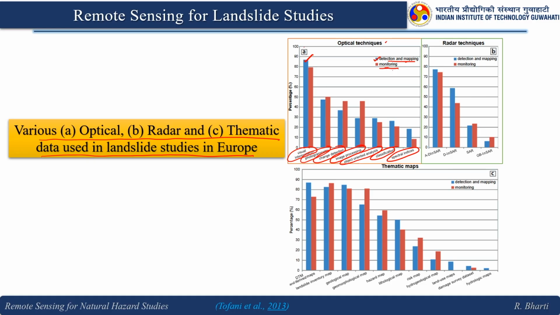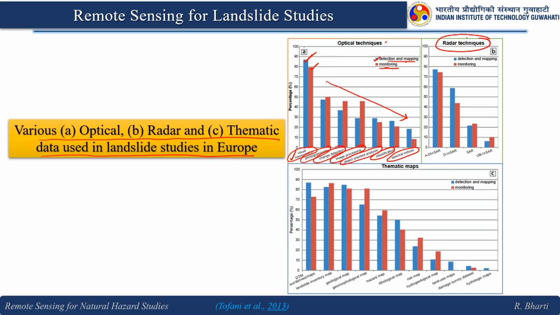So, here you see in visual interpretation, detection and mapping is high, whereas this monitoring is low, right. Similarly, you can see this particular graph and you can understand how optical remote sensing or how optical techniques are used in landslide studies.